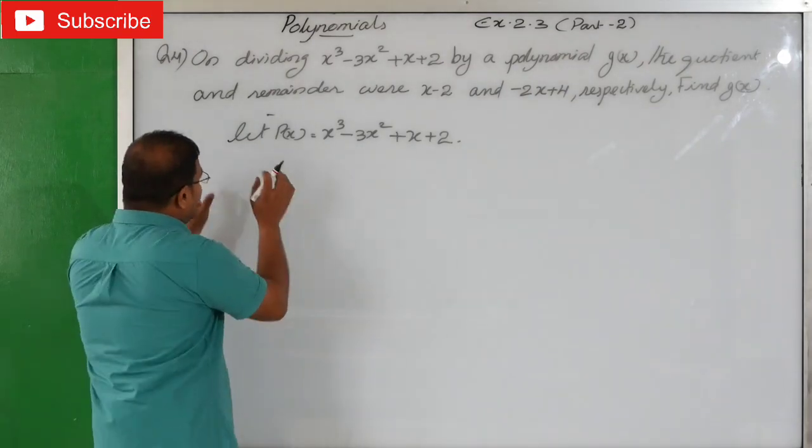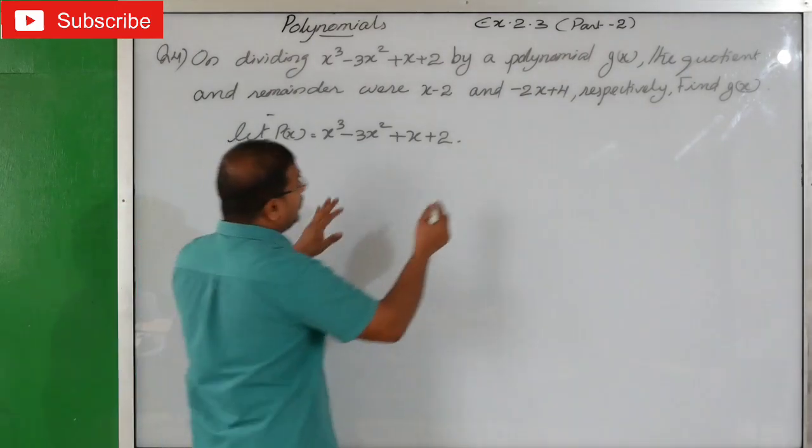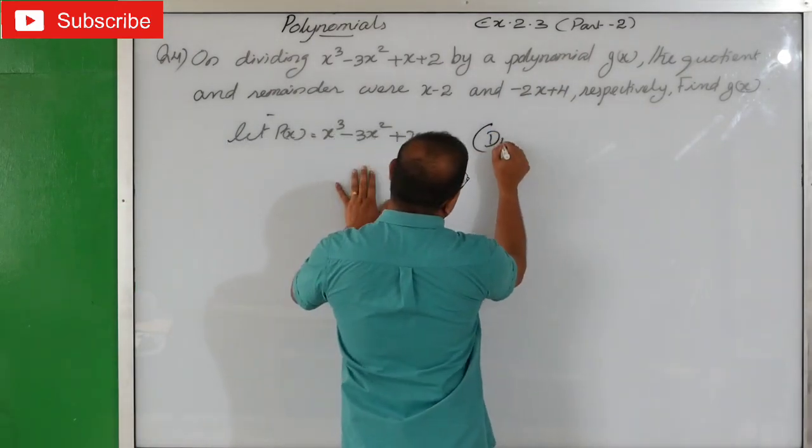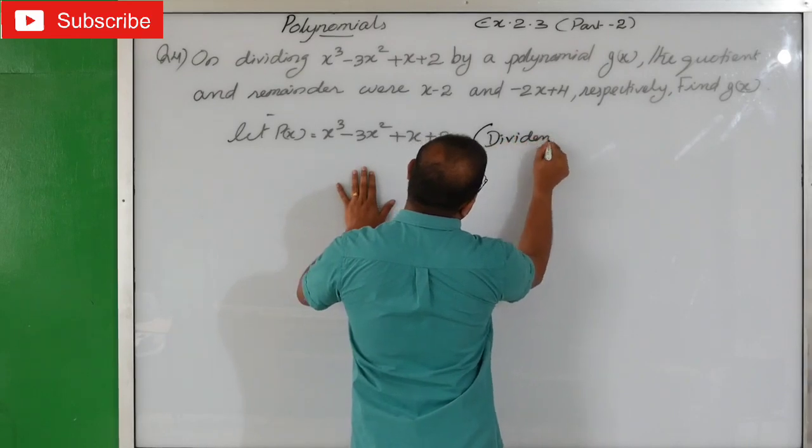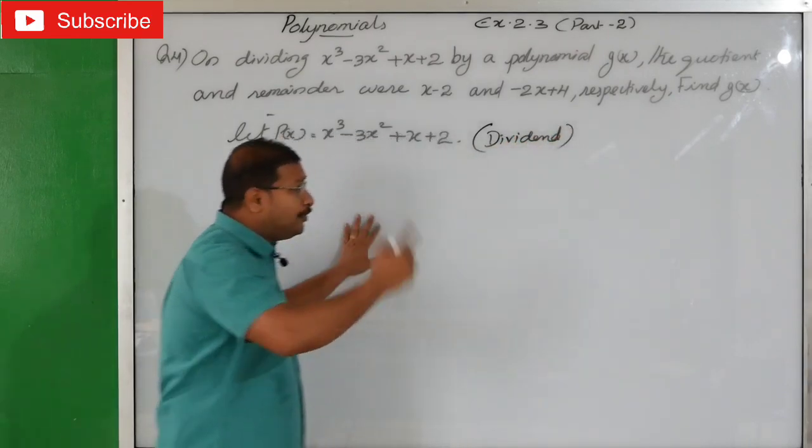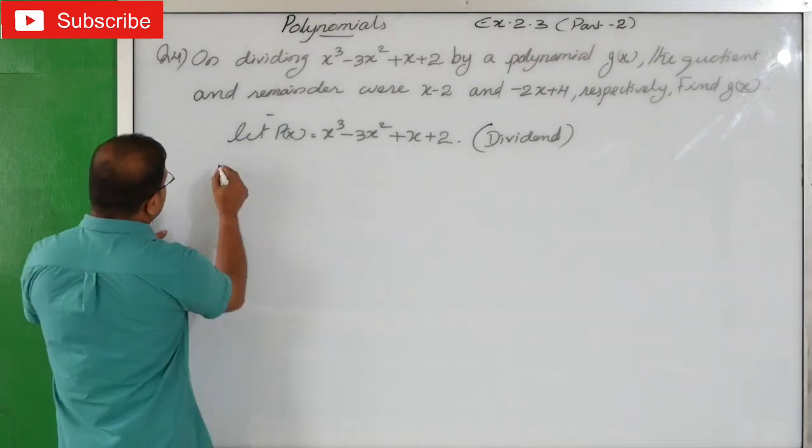That means the polynomial already given will be the dividend, and which is going to divide, that will be the divisor.